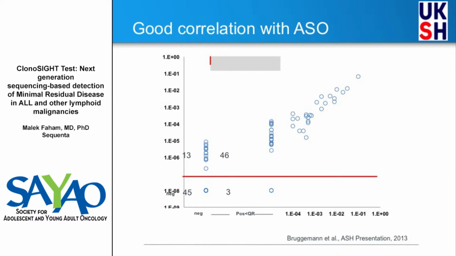Again, there's a very nice correlation. There is a gray zone where allele-specific PCR is positive but below the quantitative level, and you get a bunch of positives. Again, you get some positives showing the sensitivity advantage of sequencing compared to PCR, but then there's a whole lot of negatives in both techniques.